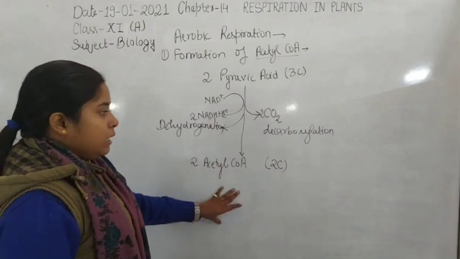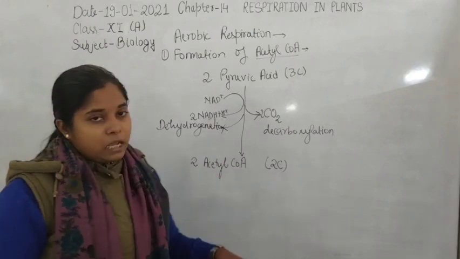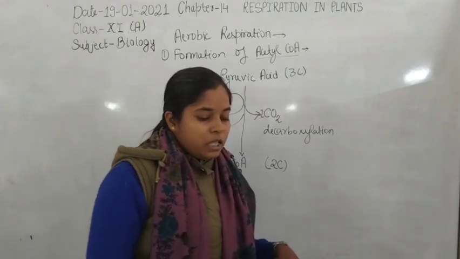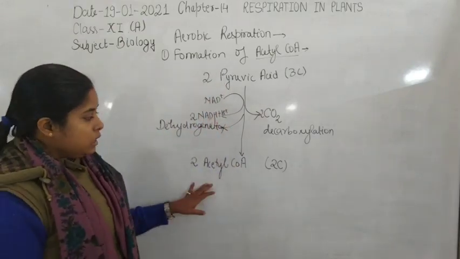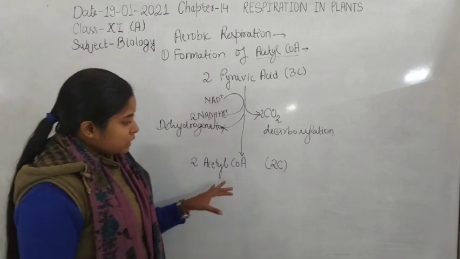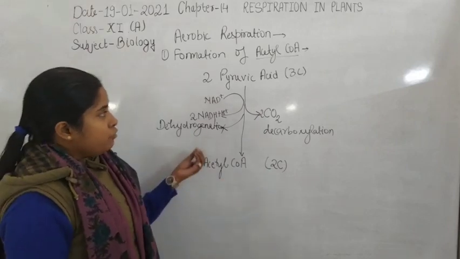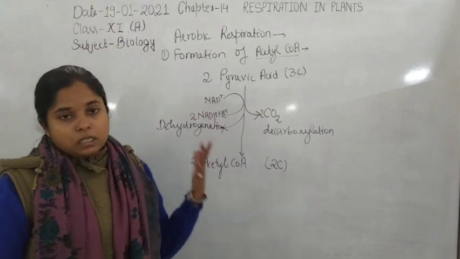Now the acetyl coenzyme A transfers into the Krebs cycle, or into the mitochondria, because these are in the mitochondria, and the formation of pyruvic acid takes place in the cytosol.